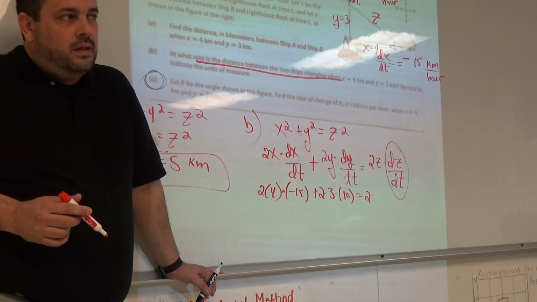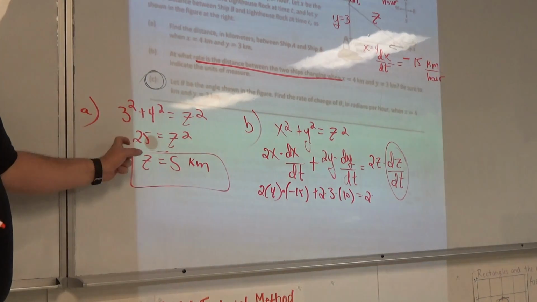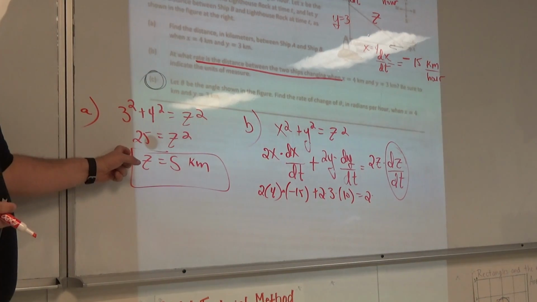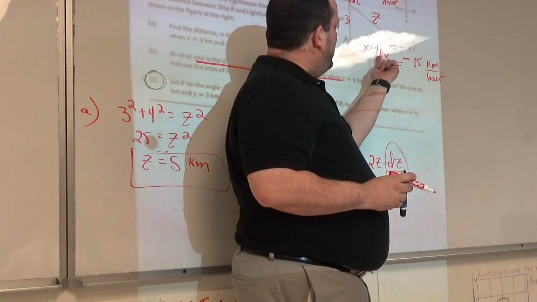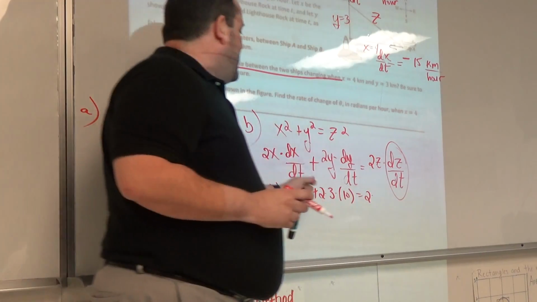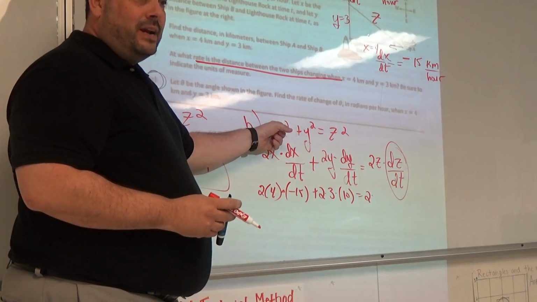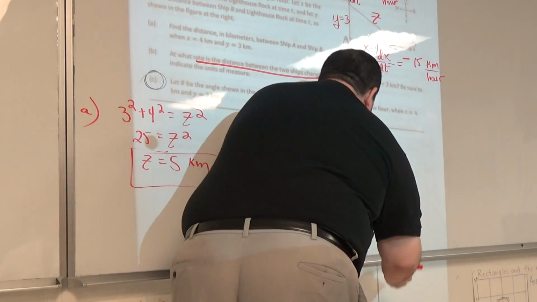5. They were kind in this problem because in part A they actually asked you to figure out what that distance was. But if they hadn't, the expectation is you'd say, well, I know that x is equal to 4, I know that y is equal to 3, and I always have the Pythagorean Theorem that I get to use. Maybe you'd do it off on the side with a little bit of side work.